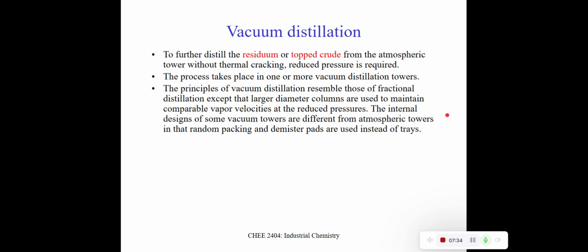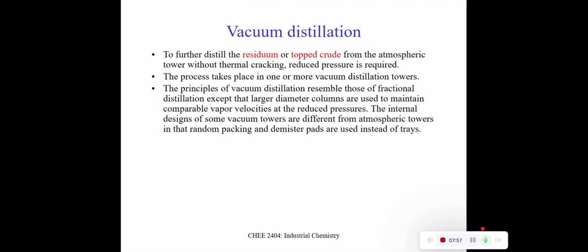such that lubricating base stocks and other material are taken from the bottoms of the vacuum distillation tower and fed to propane deasphalting.